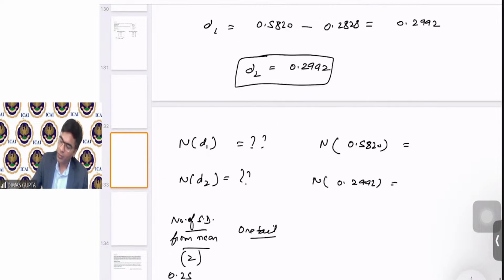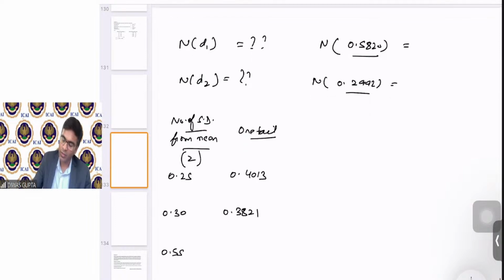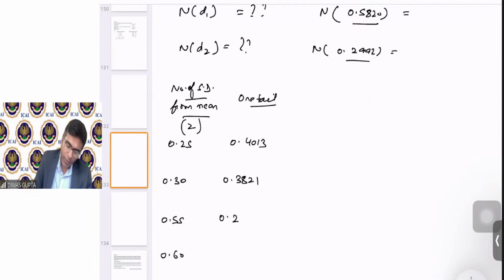And one more thing, students, this D1 and D2 is already a number that we have calculated as a Z score. So we have to just simply take this for the normal distribution. There is no need in the question to calculate a separate Z score. One tail is 0.4013. Here it is 0.3821, again given in the question. 0.2912 and lastly 0.2743.